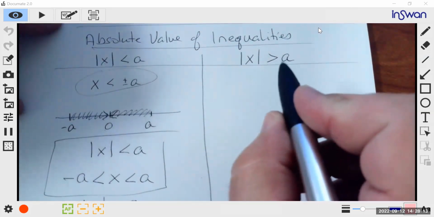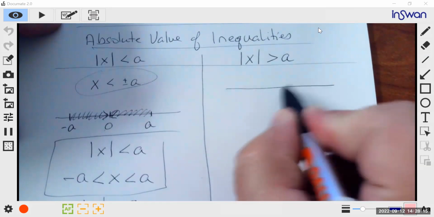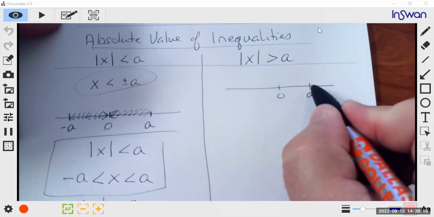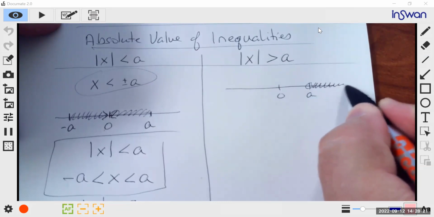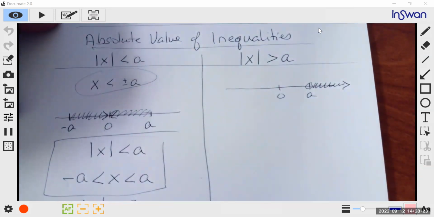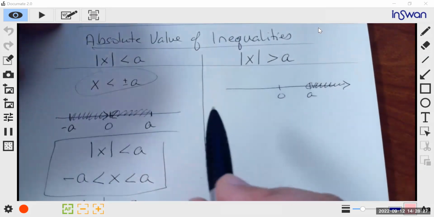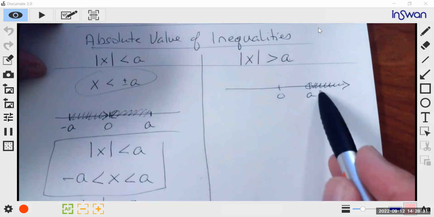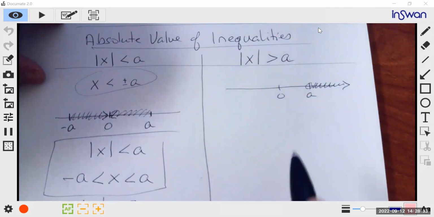If you have a greater than, if x is greater than a, that means it's going away from 0, isn't it? Yeah, so if a is 5, give me a number greater than 5: 6, 7, 8, 9, 10, 11.